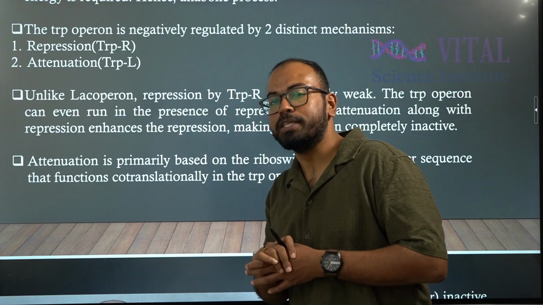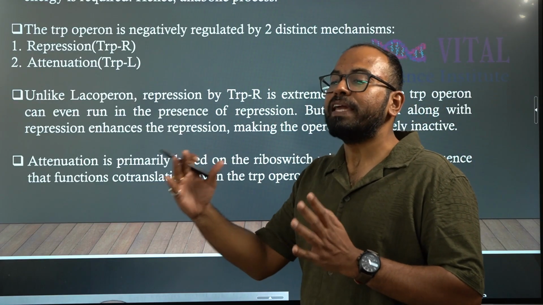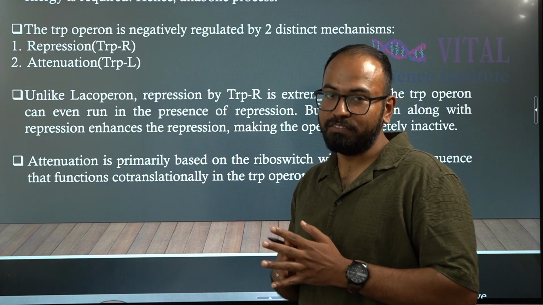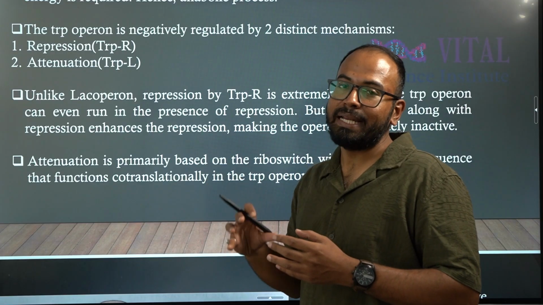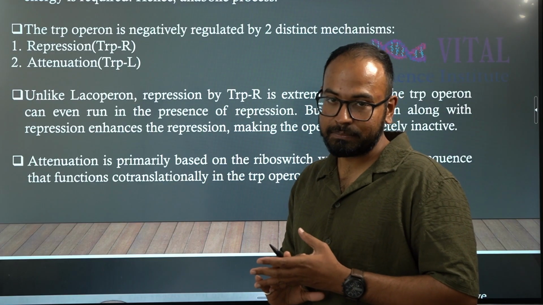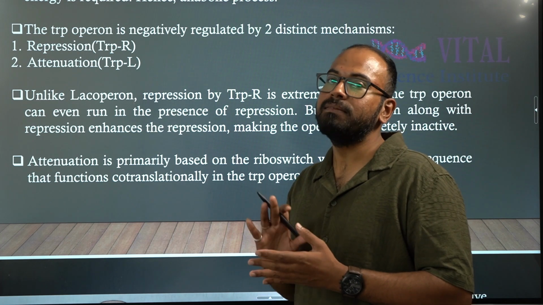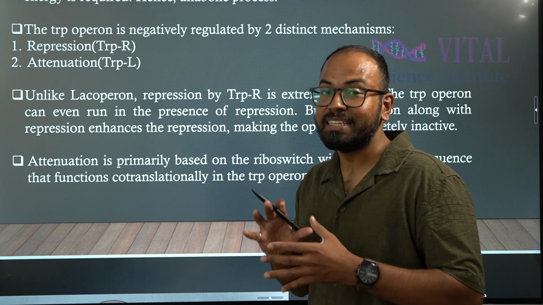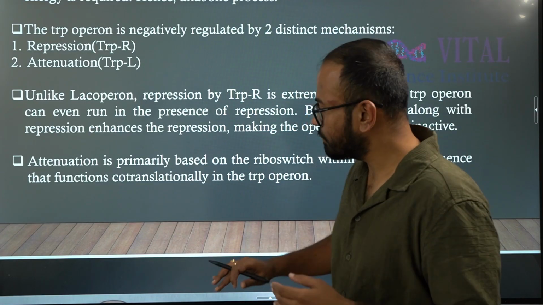Now, what is a riboswitch? A riboswitch is a kind of mRNA associated with regulation, where it can change its shape based upon the binding of certain proteins. Here, the riboswitch occurs within the leader sequence of our operon.